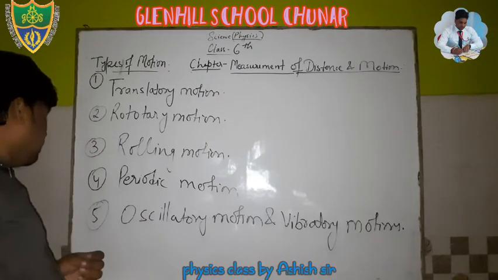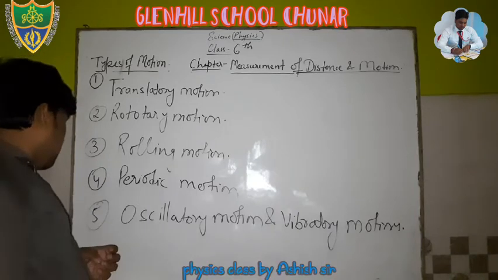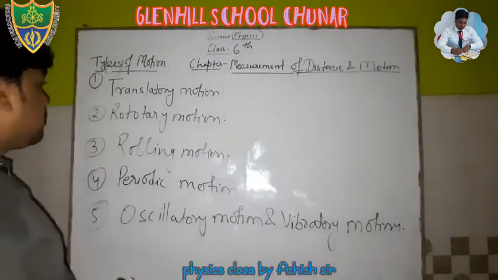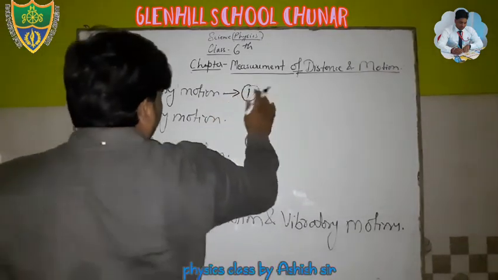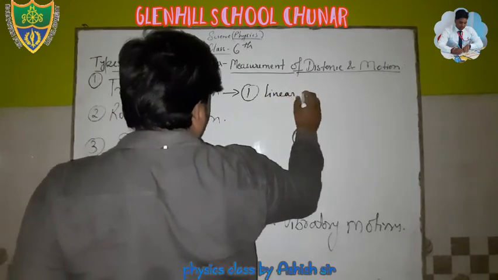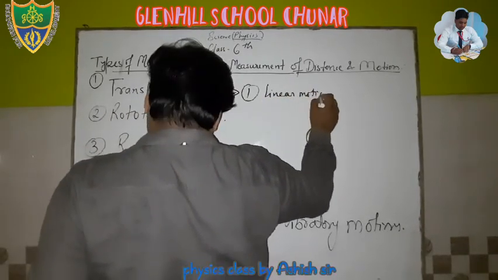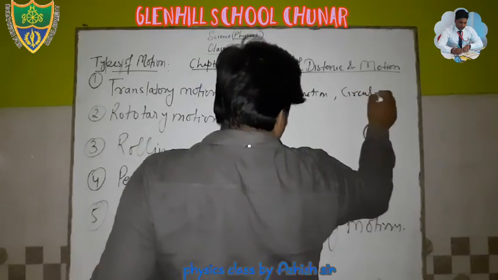And second one is rotatory motion. Now translatory motion is of three types. First, linear motion. Second, circular motion.